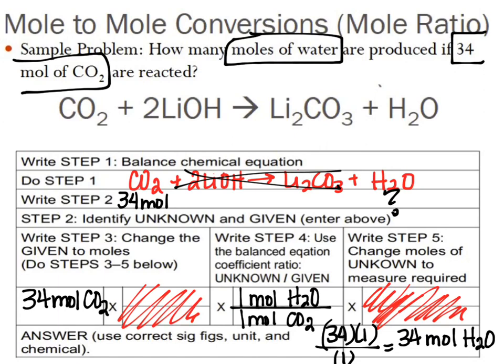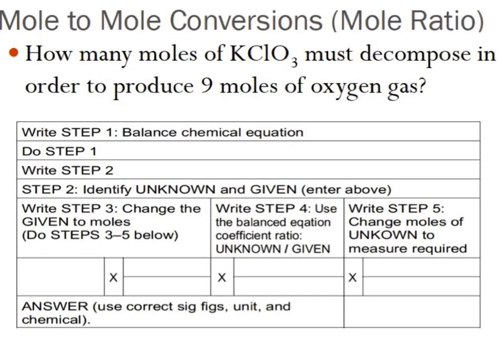So this one's pretty easy because we used a 1-to-1 ratio, but let's go where we're not using a 1-to-1 ratio. So, how many moles of KClO3 must decompose in order to produce 9 moles of oxygen gas? This is like what you're going to see on your homework. You have got to write the equation, balance it, and then do everything from there.